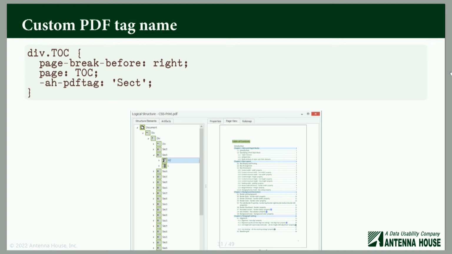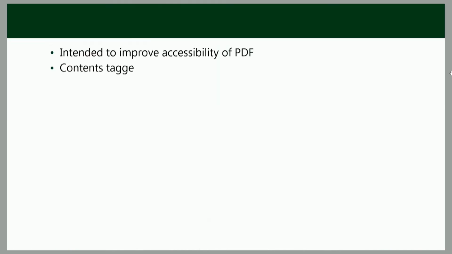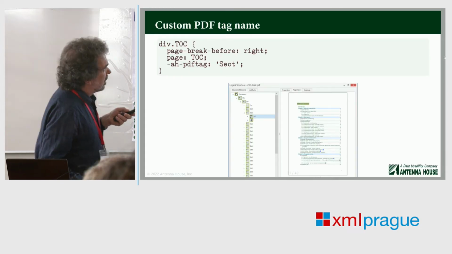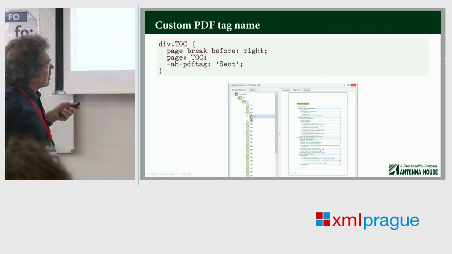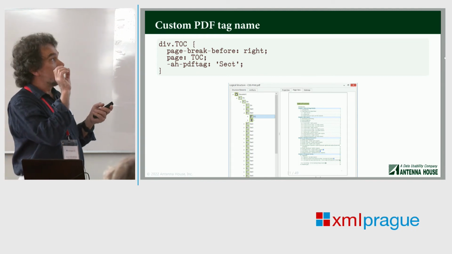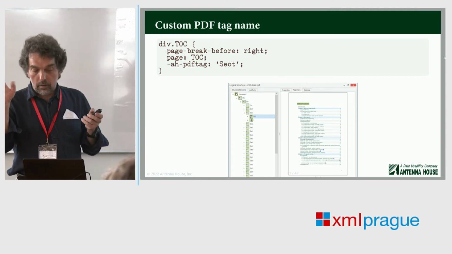If you look at this, this is a table of contents from a book, and PDF 1.7 provides specific structural elements for tables of contents. And it doesn't show. The PDF for this would have the table of contents items would be TOC-I and not div.